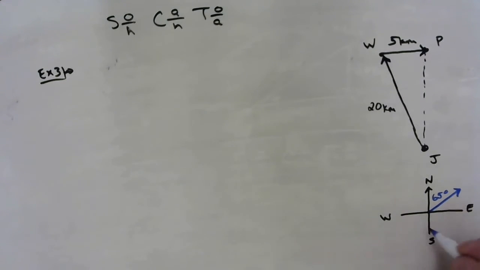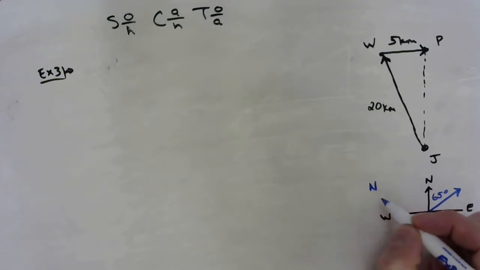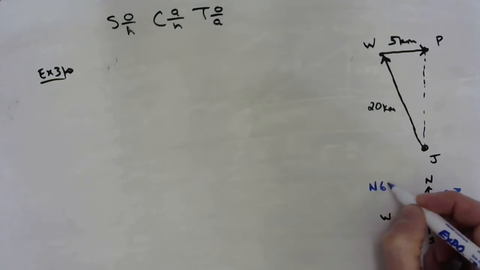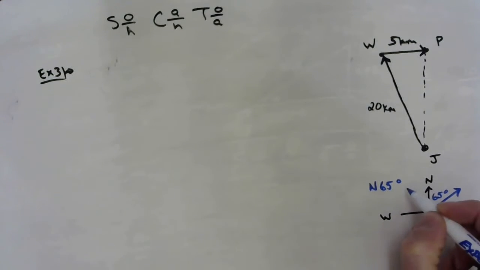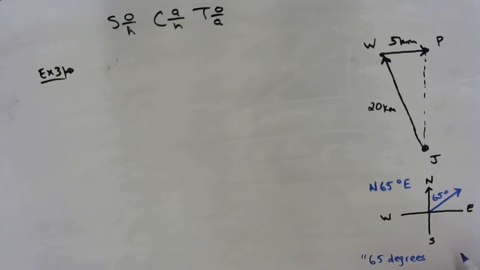This angle can be called north and 65 degrees east. Okay? What does that mean? We would read that as 65 degrees east of north.